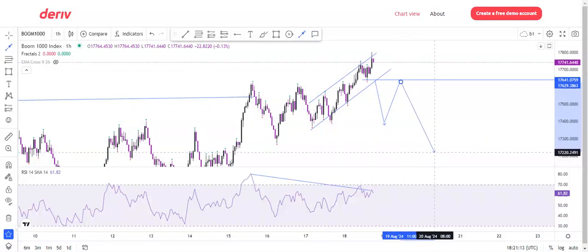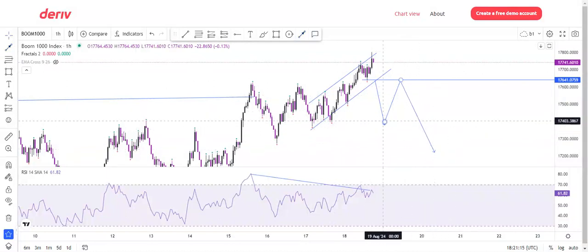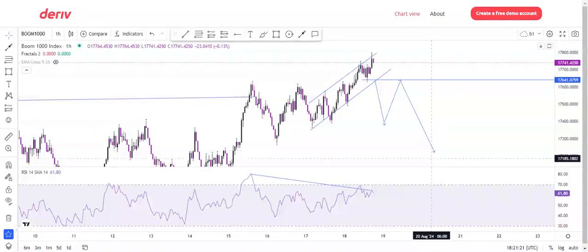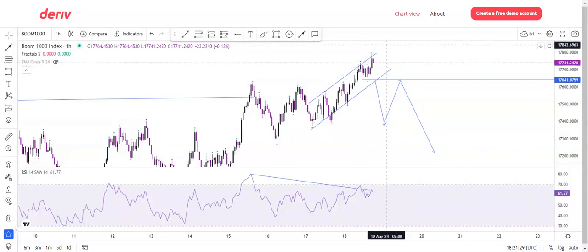But before that, just let it spike, however much it wants to.